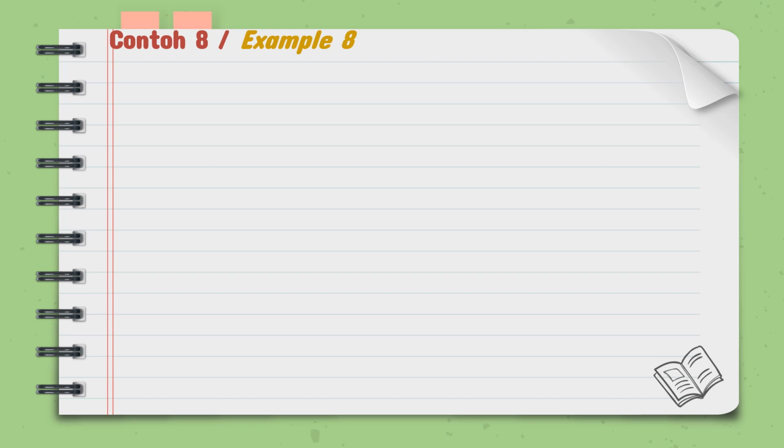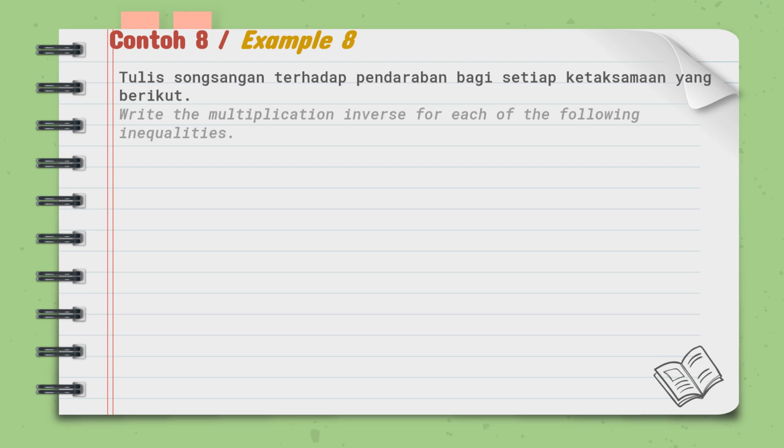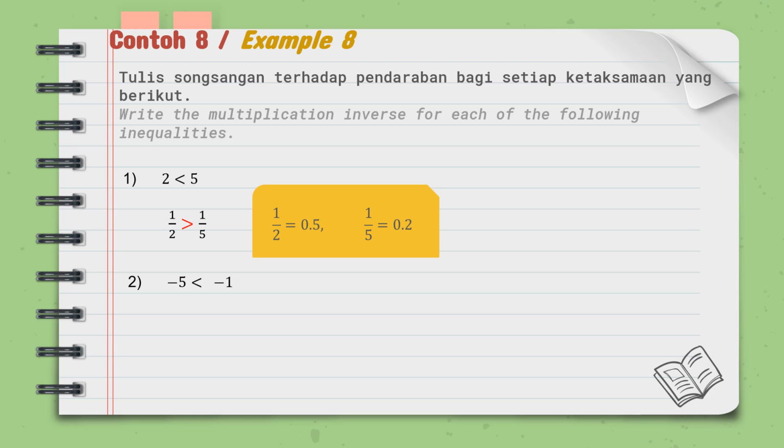Here is example 8. Write the multiplicative inverse for each of the following inequalities. You need to remember that multiplicative inverse involves the reciprocal. When you have 2 less than 5, you have the reciprocals: 1 over 2, and the symbol of the inequality changes to greater than 1 over 5. We can check: 1 over 2 is 0.5 and 1 over 5 is 0.2, so 0.5 must be greater than 0.2. The second one, negative 5 is less than negative 1.